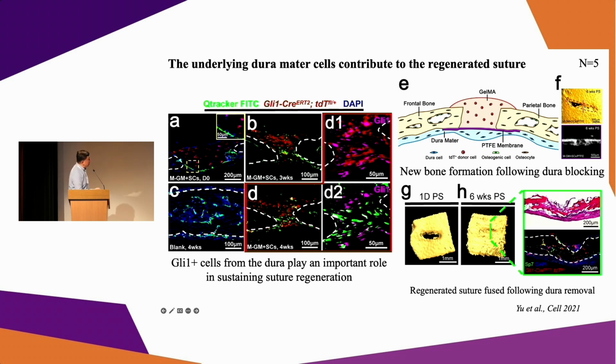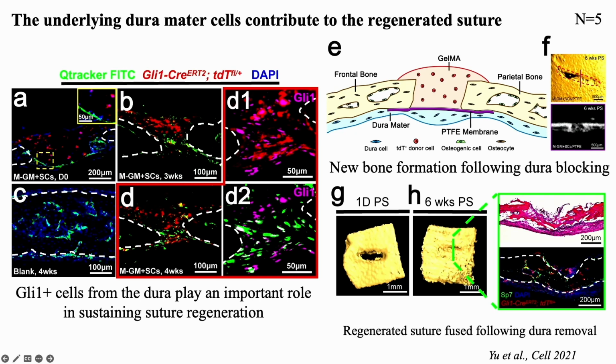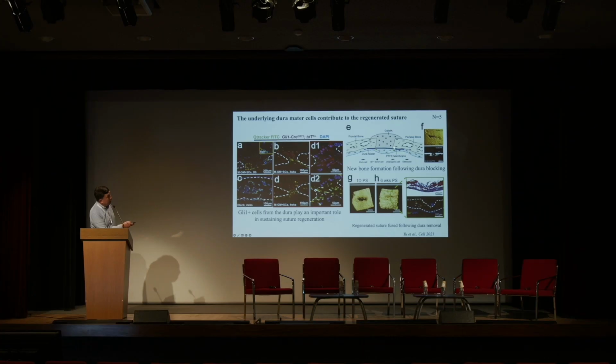So basically, by placing the stem cells, these are the red cells, tdTomato positive, they were able to create this new environment and then attract the cells from the dura in order to continue to support the patency of this newly formed suture. If we place a membrane between the calvarial bone and the surface of the dura, blocking the migration of these cells, we can no longer regenerate a suture.